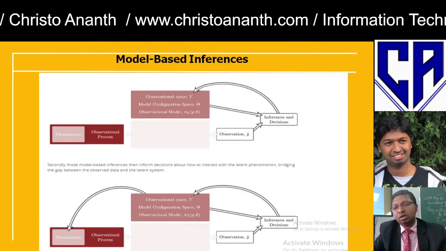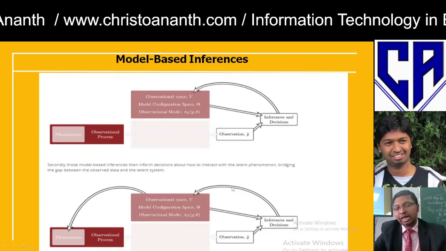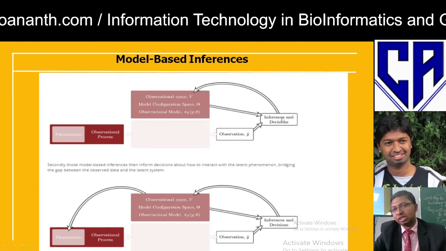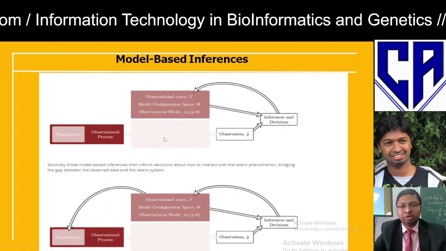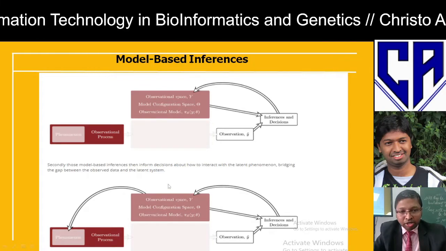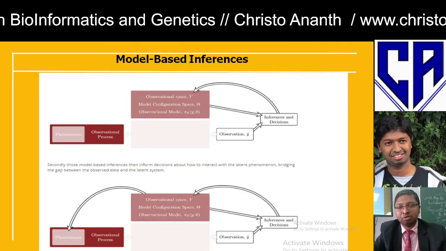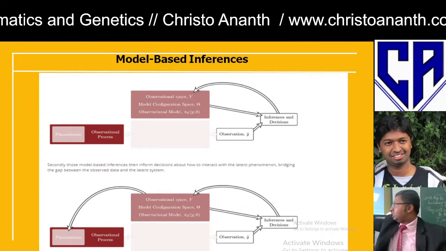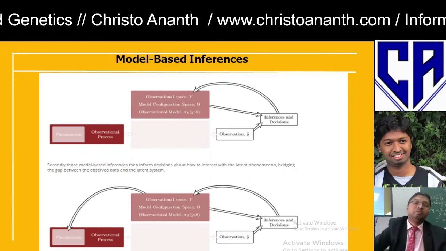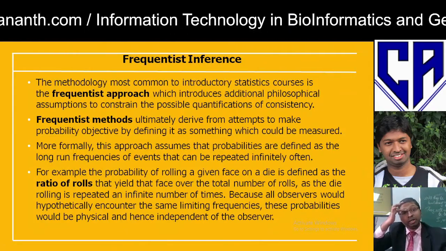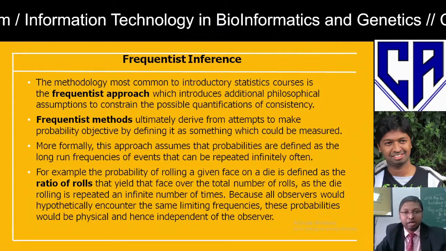So from the previous diagram, from the inference and decision, it goes to the observational space, and the next one is going to interact and bridge the gap between the observed data and the latent system. So from this observational space, it goes here. For the statistics based approaches, we would be introducing the frequentist approach.